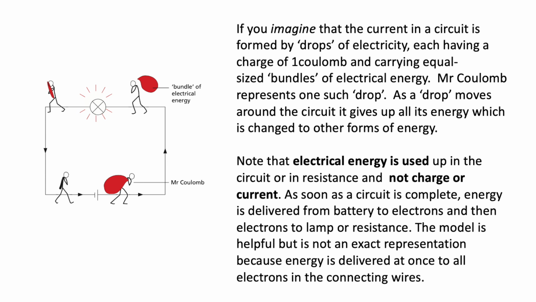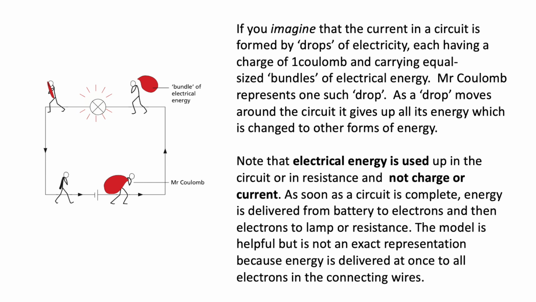It is converted to heat energy, light energy, or any other forms of energy. And the electrons coming back to the battery possess less energy. Again, a chemical reaction happens inside the cell, and the cell gives energy to the electrons. Again, the energy is used up in the circuit or in the resistor, and this process continues.